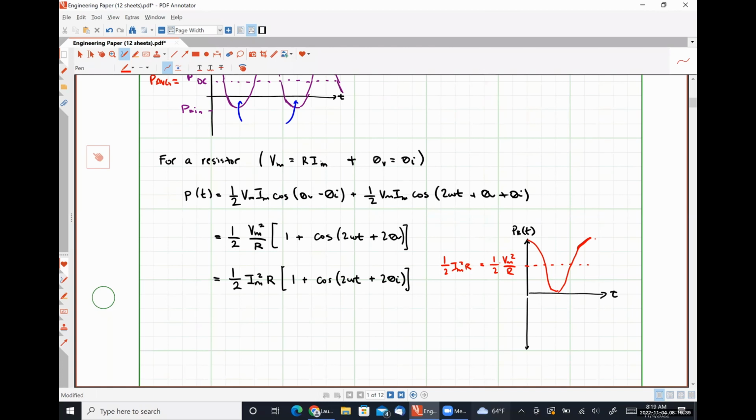So obviously half of the time it's going to be above the average value, half of the time it's going to be below the average value. It's going to oscillate between its maximum value and 0. We know for a fact that the resistor is incapable of storing any energy or storing any power. So we should never see its value fall below the horizontal axis and give us a negative result. Okay.